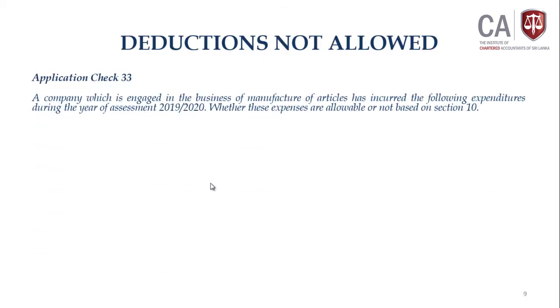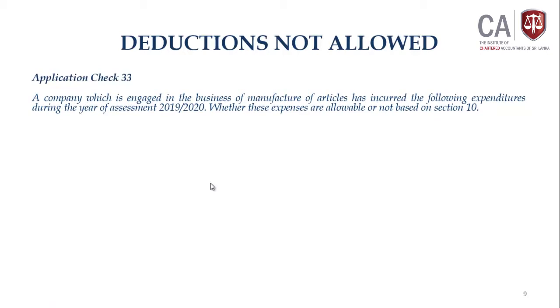Now, look at the question. As you know, this is application check 33. We have done application checks up to 32 in the last sessions. The company, which is engaged in the business of manufacturing articles, has incurred the following expenditure during the year.